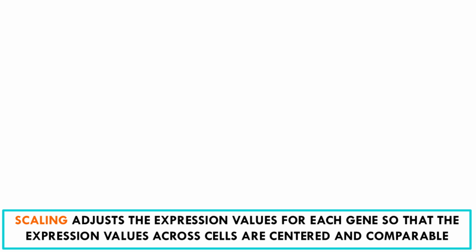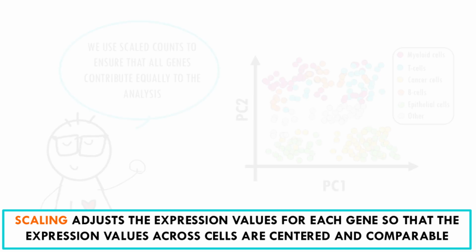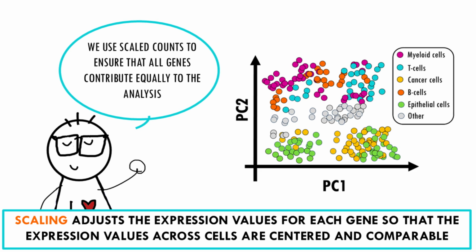The second key step in data preprocessing is scaling. Scaling adjusts the expression values for each gene so that the expression values across cells are centered and comparable. It is particularly important in analyses like clustering or dimensionality reduction, where you want to ensure that all genes contribute equally to the analysis, rather than being biased by genes with inherently higher expression levels.